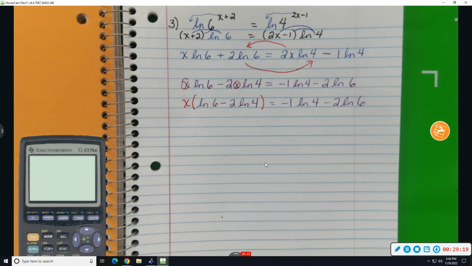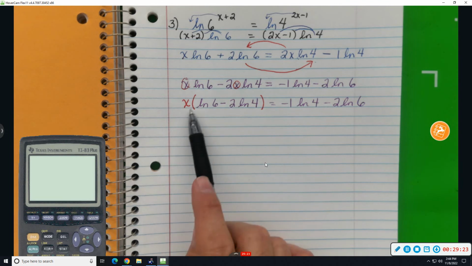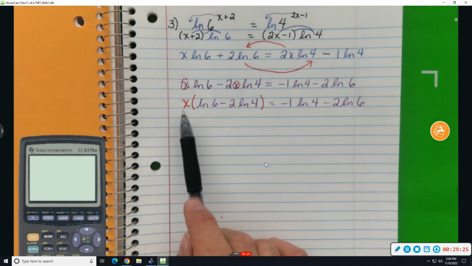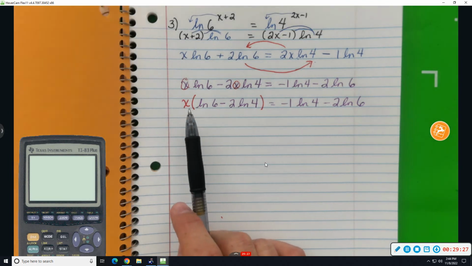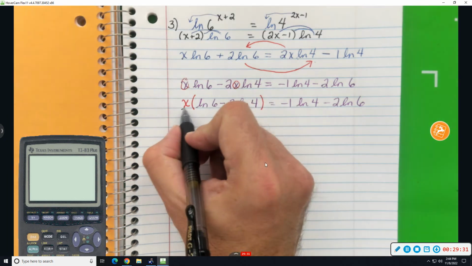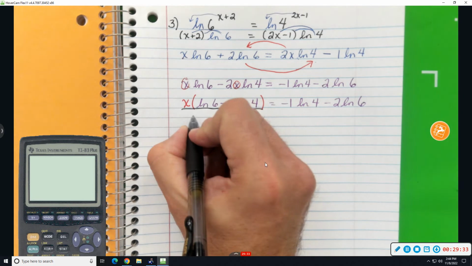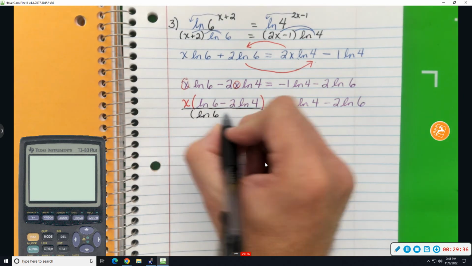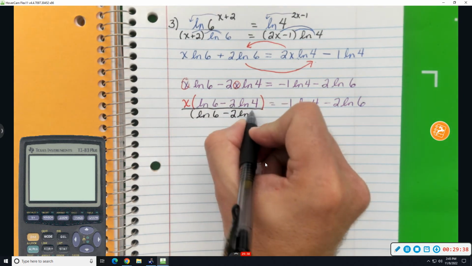Okay. And there's just one thing left to do to get the x by itself. What am I going to do now to get the x by itself? Divide, yeah. So divide both sides by ln 6 minus 2 ln 4.